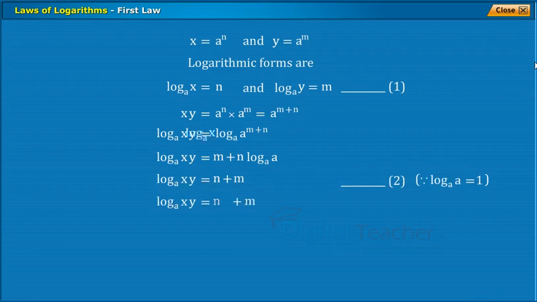By substituting 1 in 2, we get the first law of logarithm, log xy to the base a is equal to log x to the base a plus log y to the base a. So, if we want to multiply two numbers and find the logarithm of the product, we can do this by adding the logarithms of the two numbers. This is first law of logarithms.